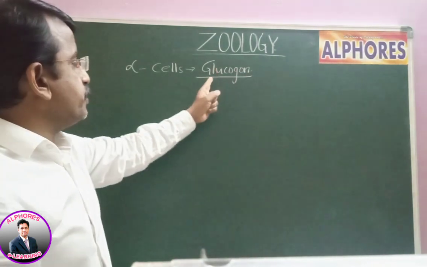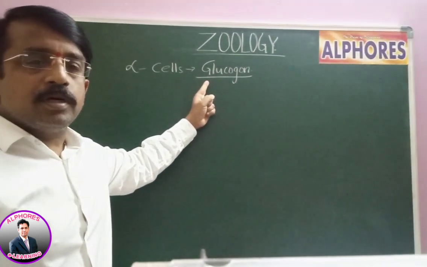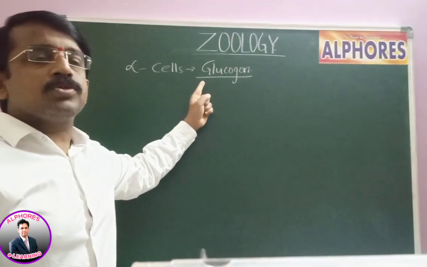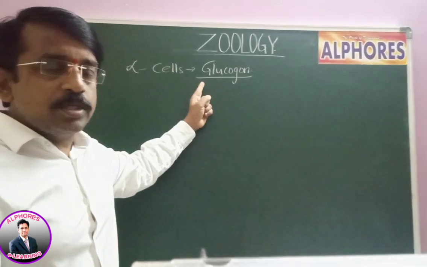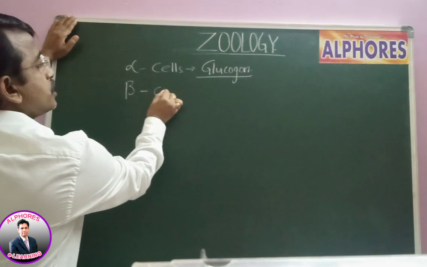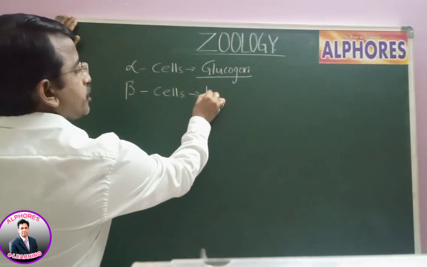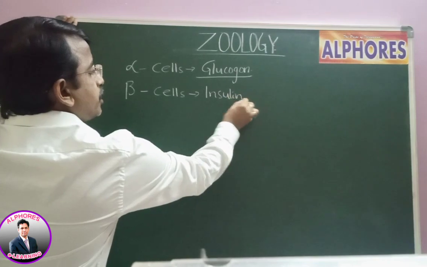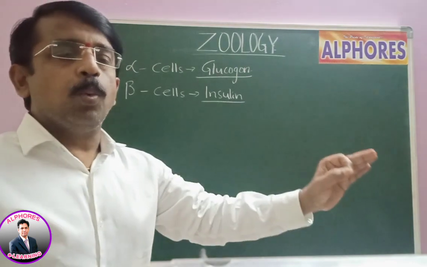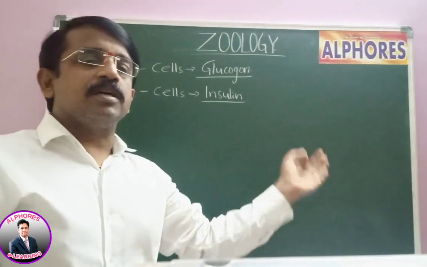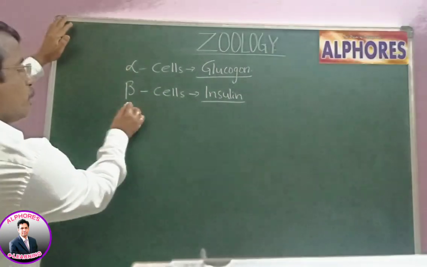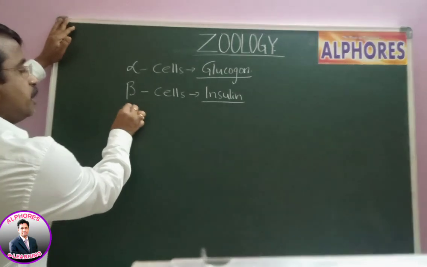Its target cells are in the liver. Beta cells secrete insulin. Insulin is hypoglycemic. Its target cells are also in the liver, where glucose is converted into glycogen.